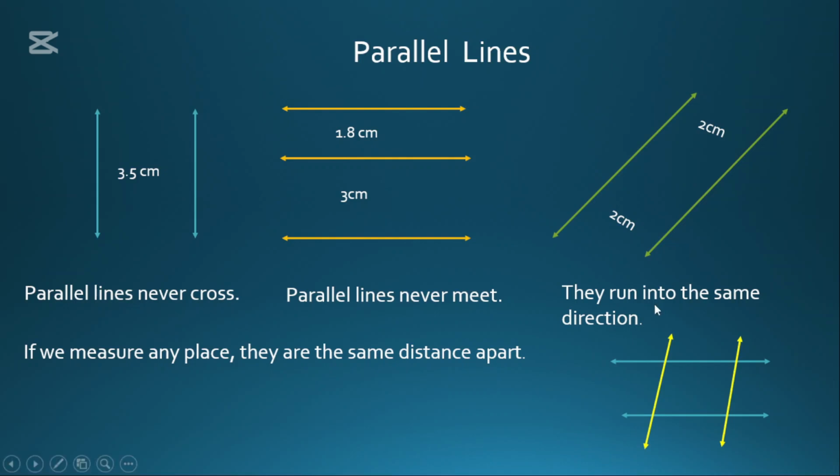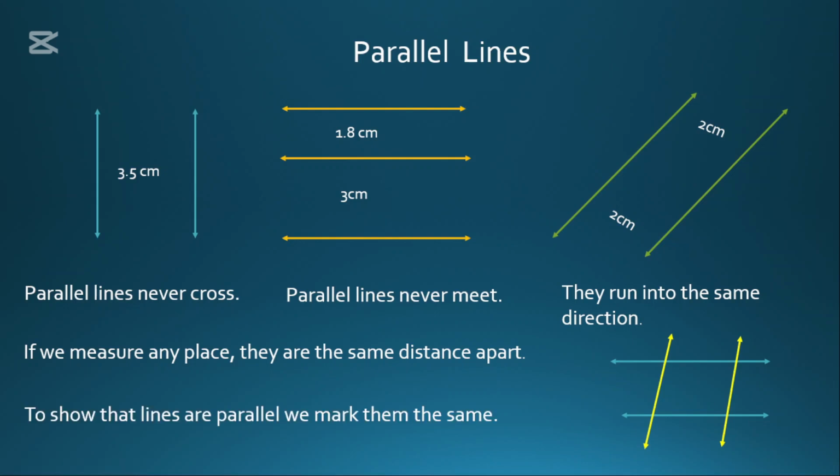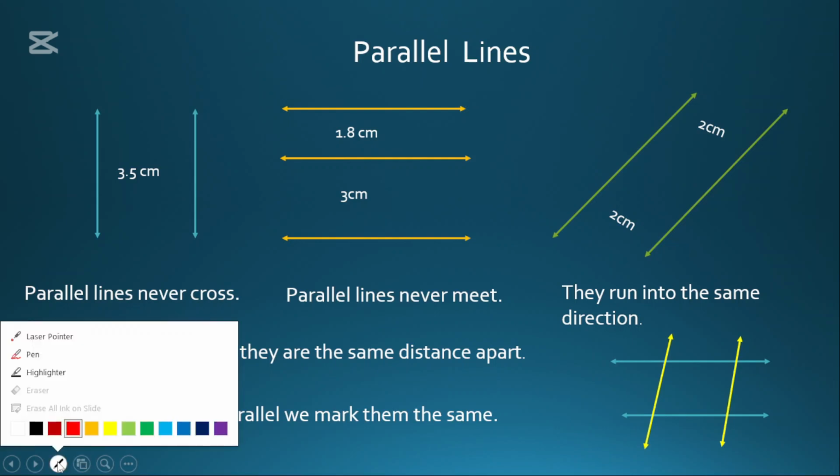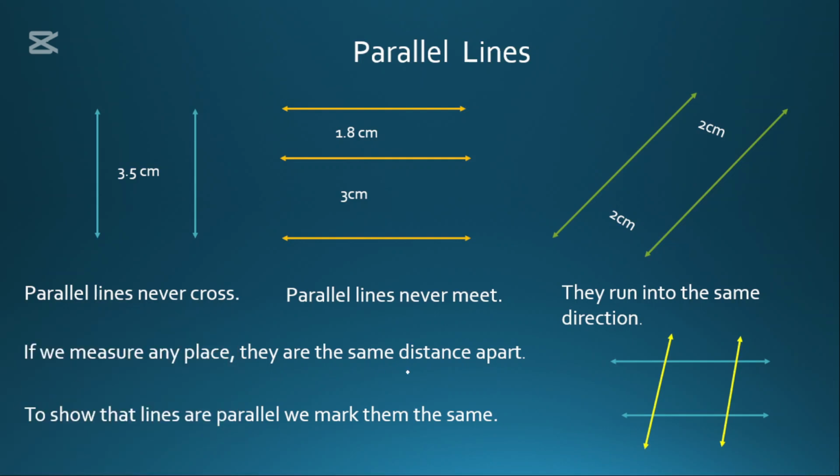Next, here we have two pairs of parallel lines. They run in different directions. These two up and down, these two to the left and to the right. Okay, so to show that lines are parallel, we mark them the same, and I will do that now. We make it white.